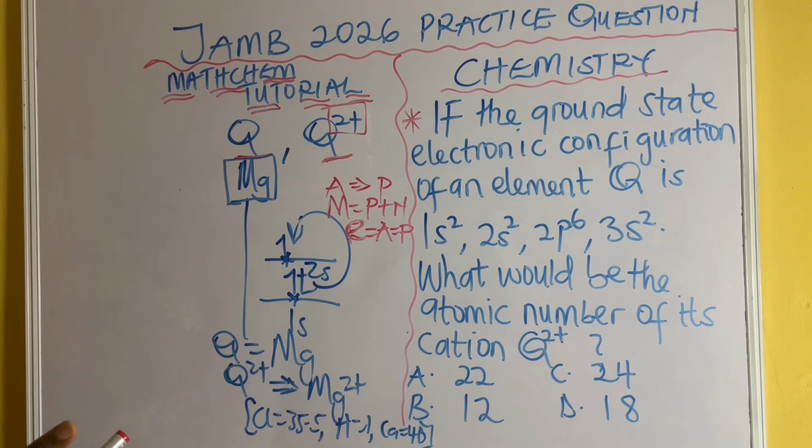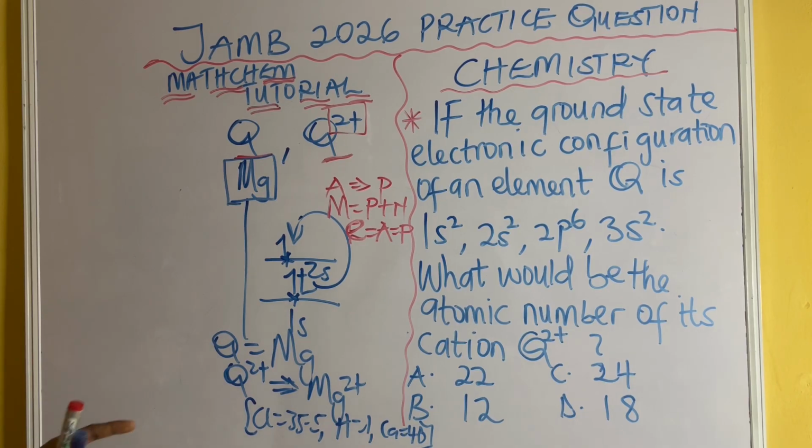This type of number they give you here is what we call the mass number, or relative atomic mass, RAM.